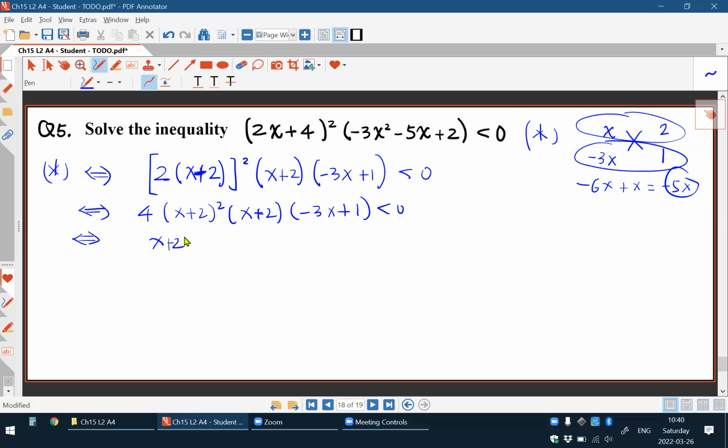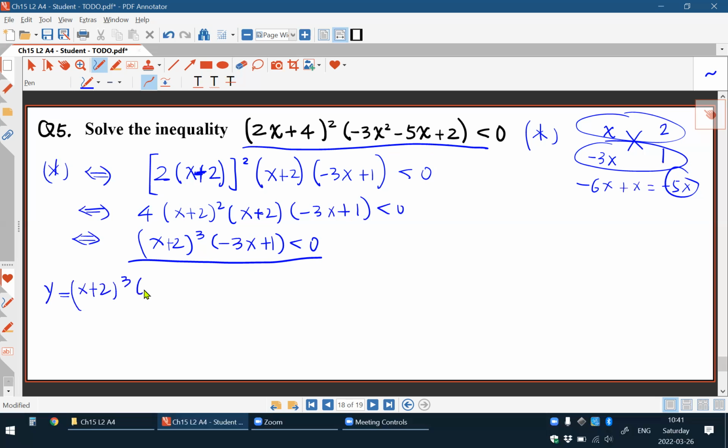So that means (x plus 2) cubed times (-3x plus 1) should be less than 0, right? And as you can see here, the original expression is actually simplified to this one. And we are already familiar with an inequality that has this form. Okay, then we can consider the function on the left.